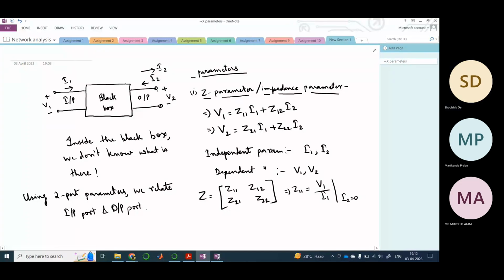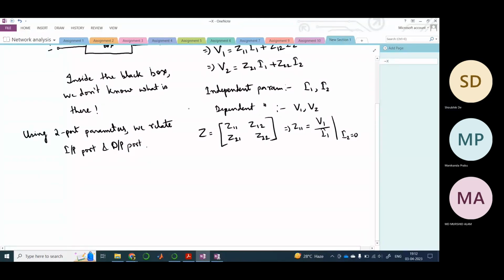Similarly, what would be Z22? It would be V2 by I2 when I1 is 0.